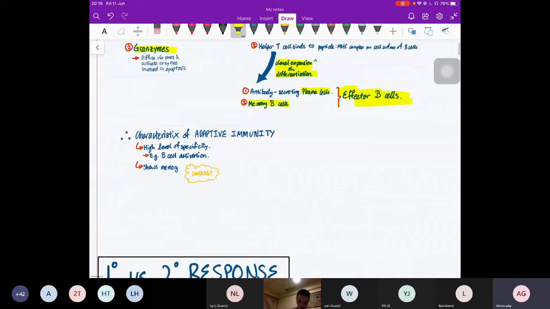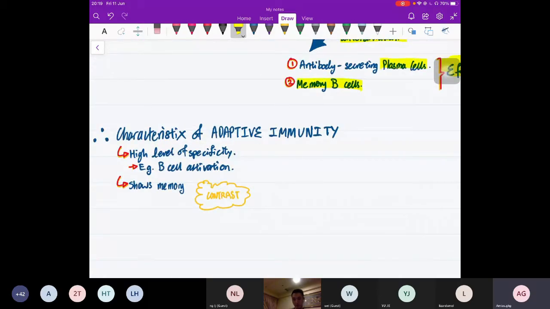Okay, so then we want to talk about the characteristics of adaptive immunity, and we want to contrast that against the characteristics of your innate immunity. So when you talk about adaptive immunity, the first characteristic is your high level of specificity. An example of this is how your naive B cells are activated in two steps. If the first checkpoint is not met, it will not even go to the second checkpoint.